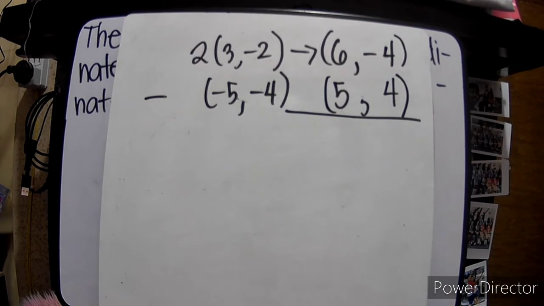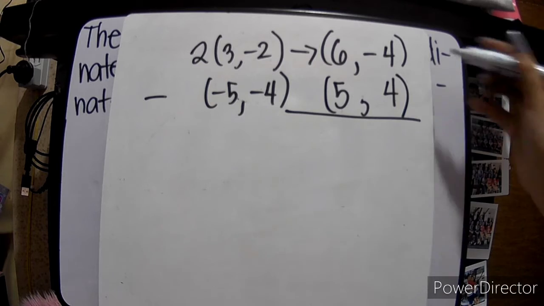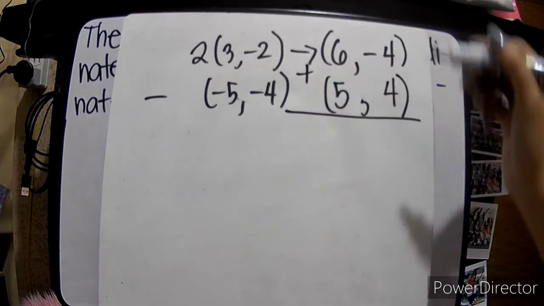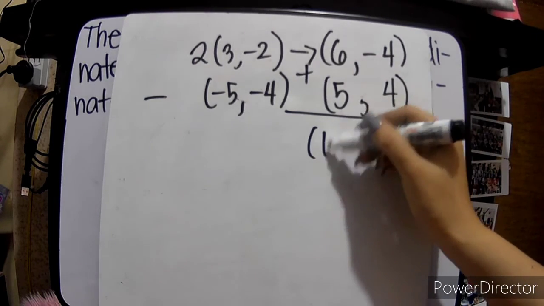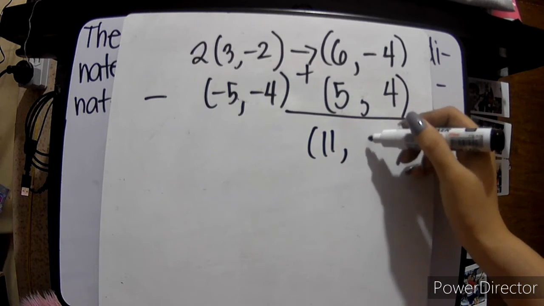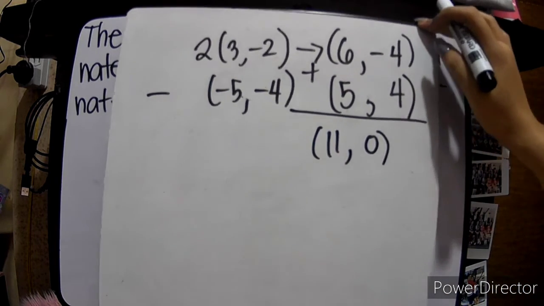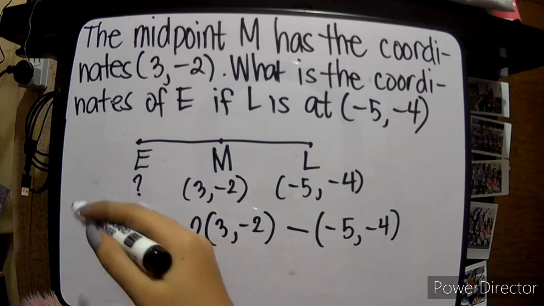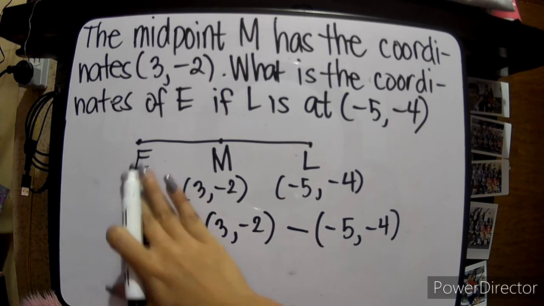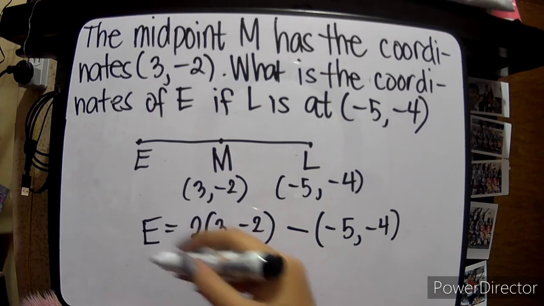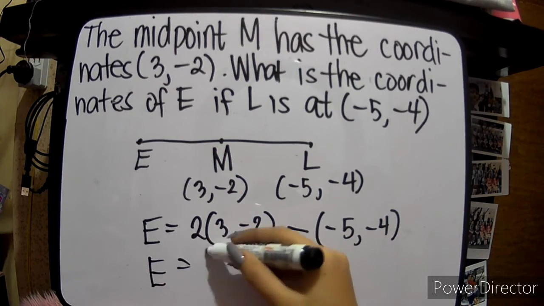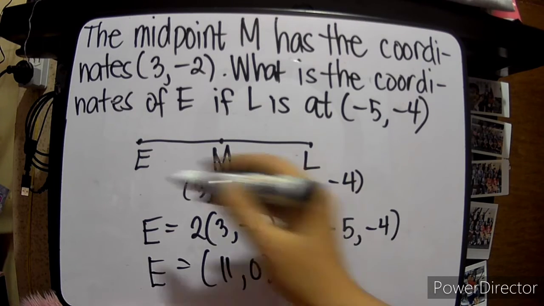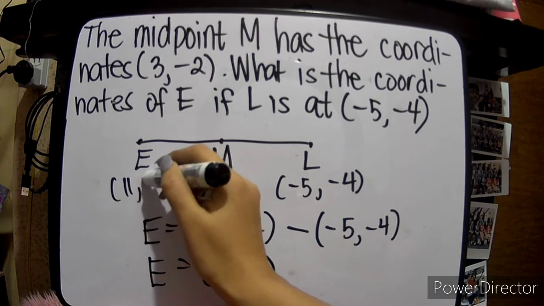And then, pag change ng sign ng subtrahend, magiging addition na siya. Okay, so this is (11, 0).